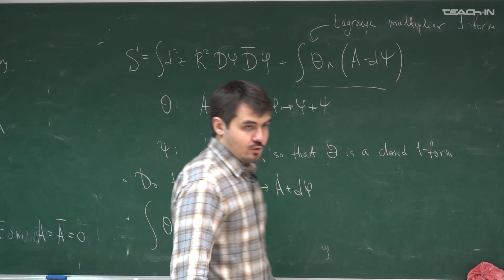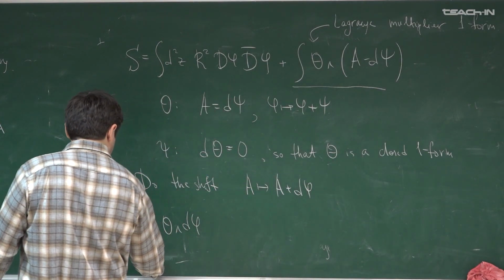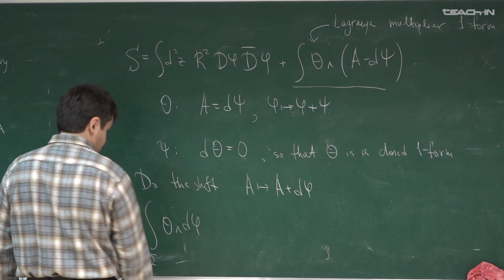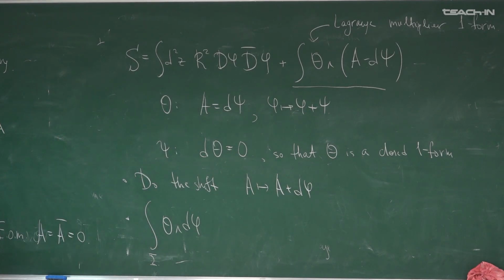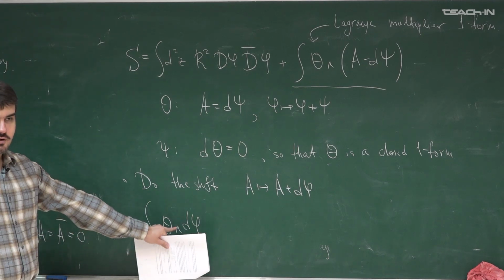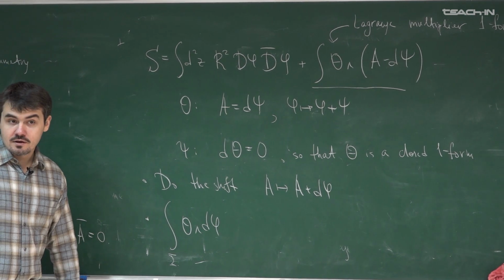And this is actually an integral over your Riemann surface of a product of two closed one forms. Because theta is a closed one form by the equation of motion, and d phi is also a closed one form. It's not really exact, because it has non-zero windings, right?